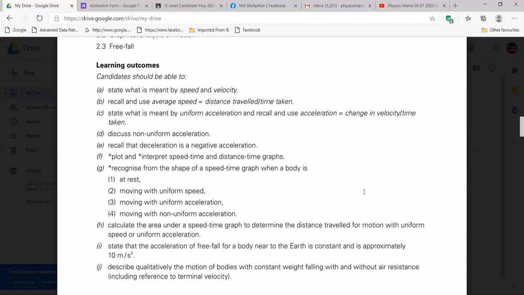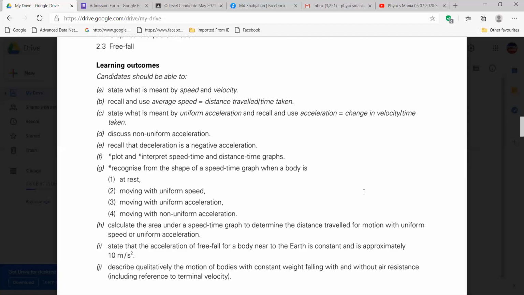Then we have free fall, and we will have the idea that acceleration of free fall is 10 meter per second square. If an object is falling from any place above the ground, normally it goes with air resistance, right? So if there is air resistance, then there will be one force working against the gravity, that means the weight of the object.